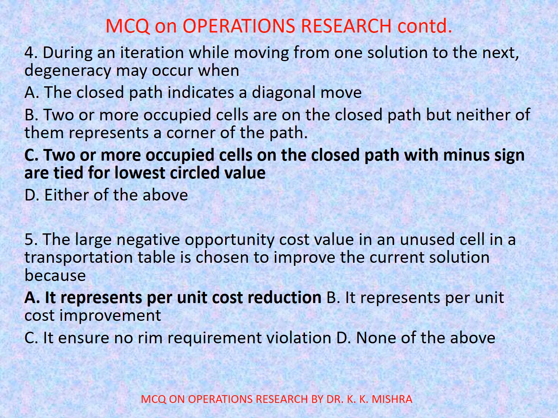D. Either of the above. Correct option is C. Two or more occupied cells on the closed path with minus sign are tied for lowest circled value. 5. The large negative opportunity cost value in an unused cell in a transportation table is chosen to improve the current solution because, correct option is A, it represents per unit cost reduction.